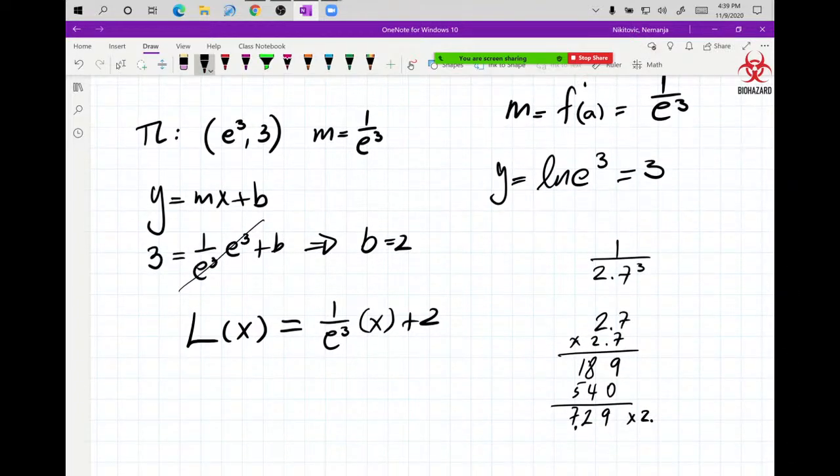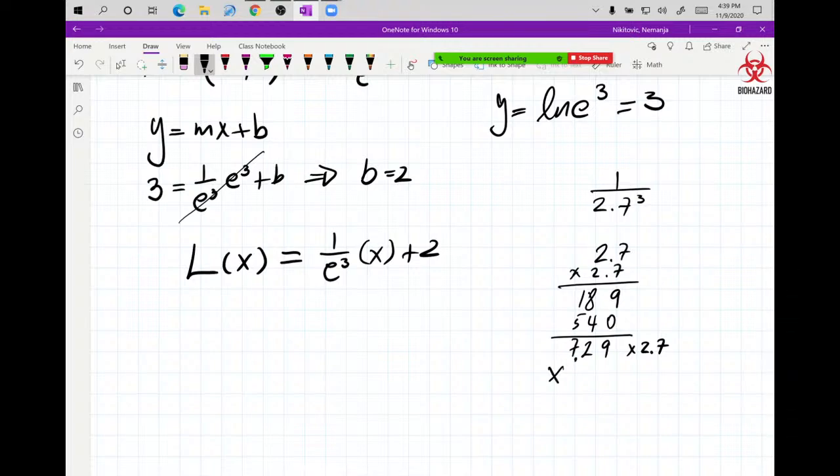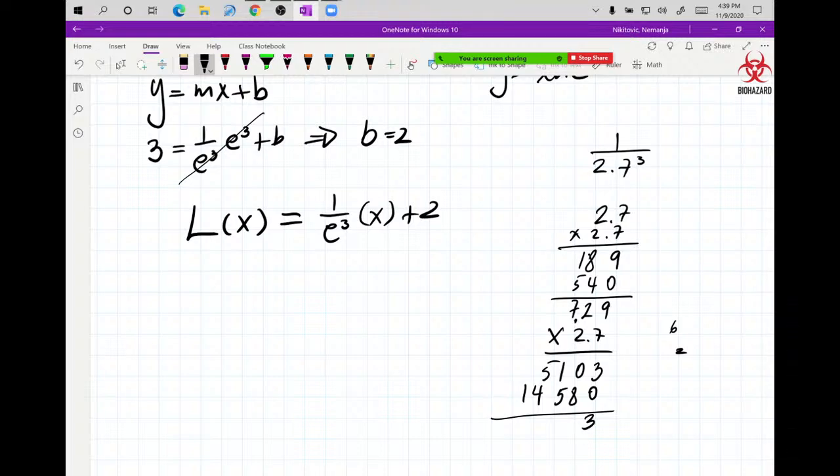And now times 2.7, so we do one more multiplication. 7 times 9 is 63. 7 times 2 is 14 and 6 is 20. 7 times 7, 49, this is 51. Put the 0 placeholder. 2 times 9 is 18. 2 times 2 is 4 and 1 is 5. 2 times 7 is 14. 3, 8, 6, 9, 1. 3 decimal places.